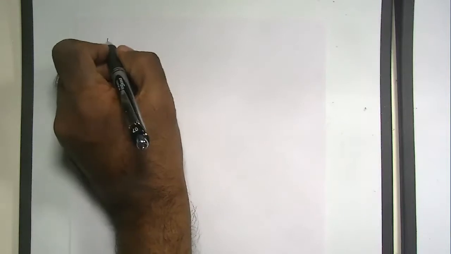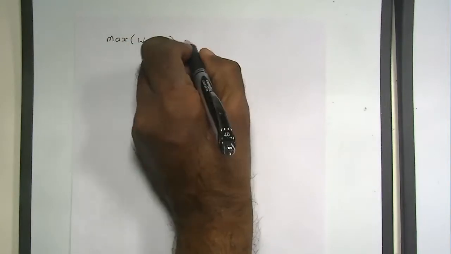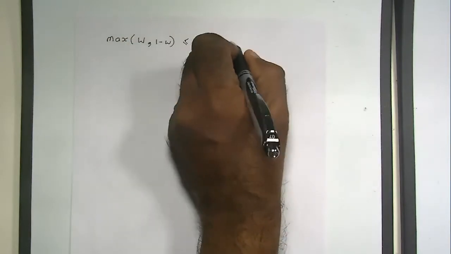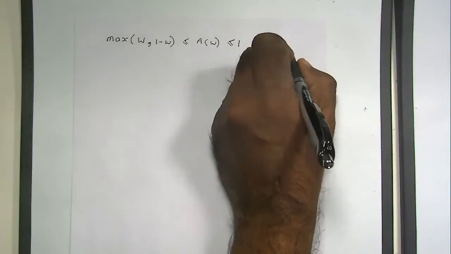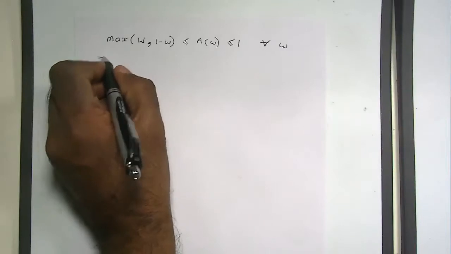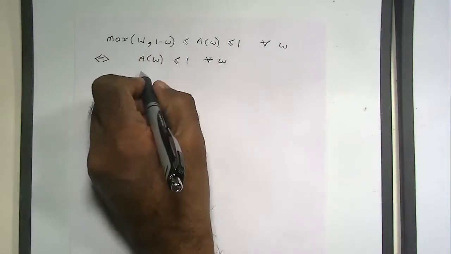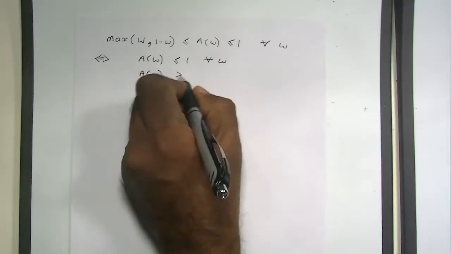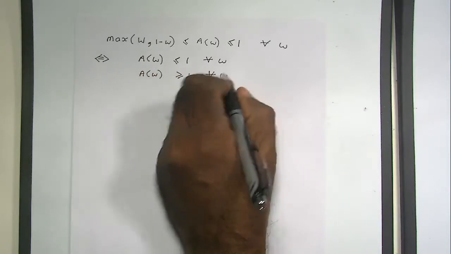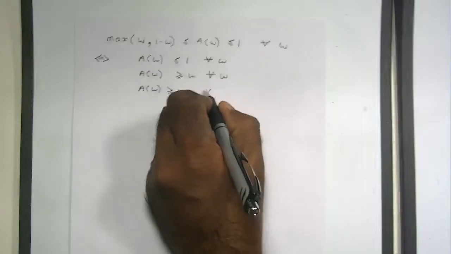The next one, condition number 3. We need to check whether the max of omega and 1 minus omega is less than or equal to this, and it's less than or equal to this for all omega. We need to check this condition is satisfied. To do this, you need to check 3 things: 1, this, 2, this, and 3, this.